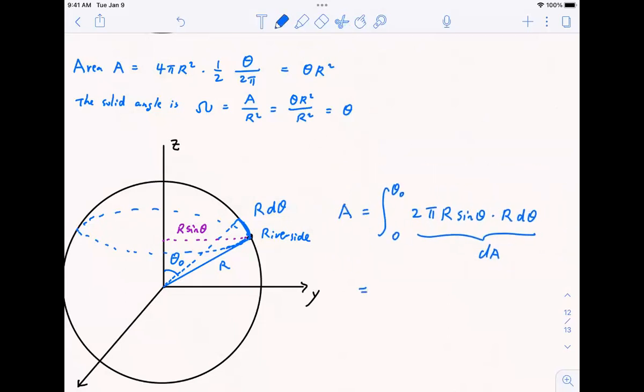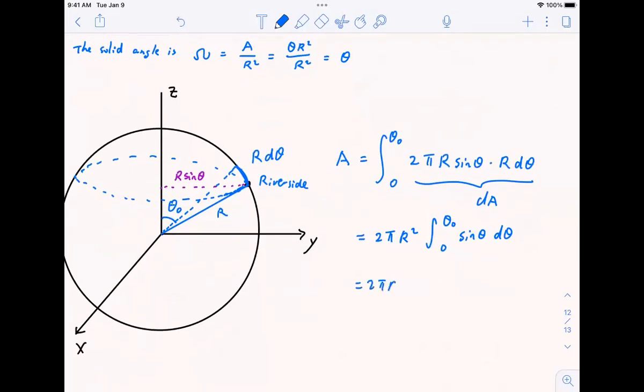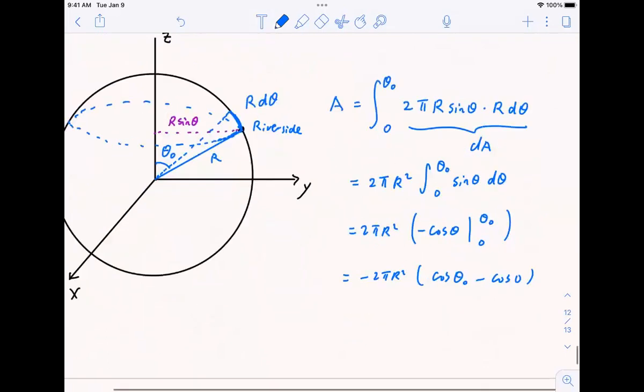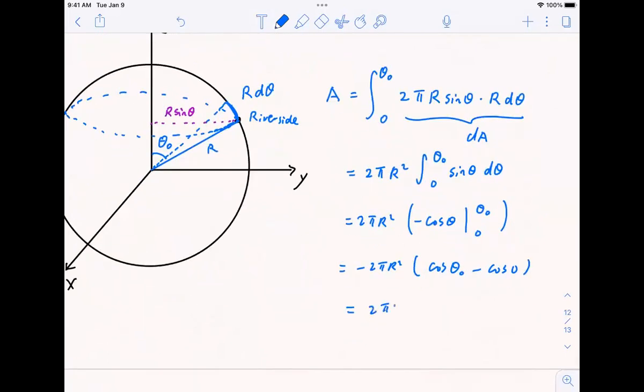So how do we do it? 2 pi r squared, and this is just a negative cosine at theta 0. So this will be cosine theta 0 minus cosine 0. Cosine 0 is just 1. So you get 1 minus cosine theta 0.